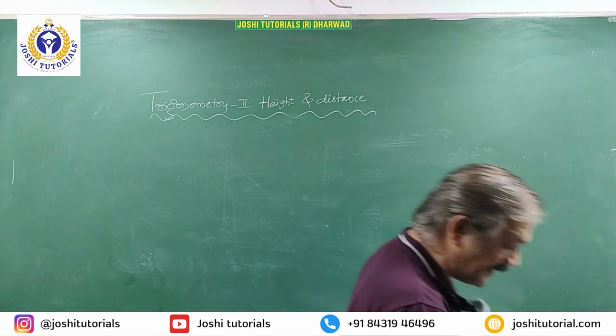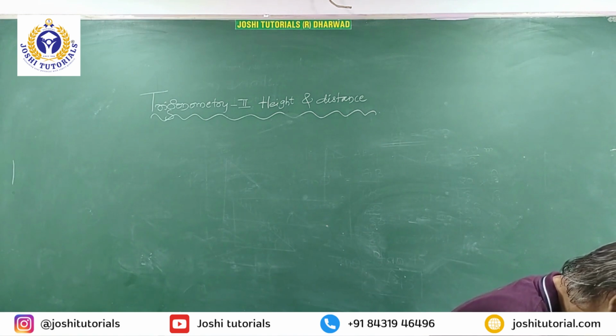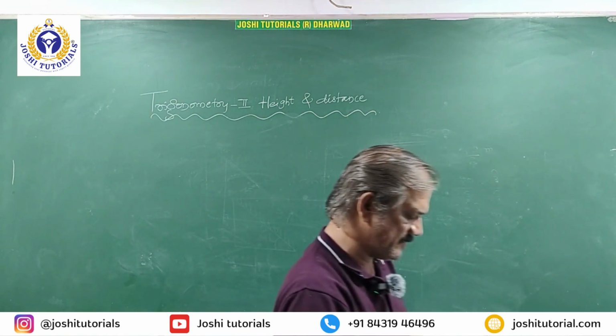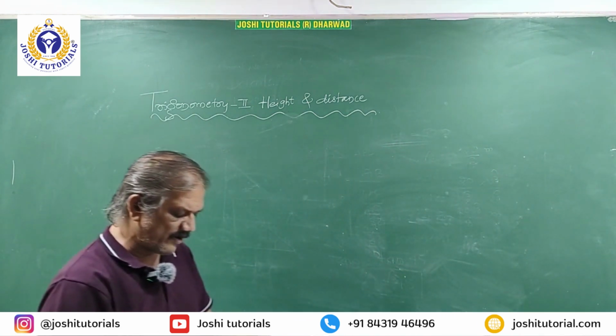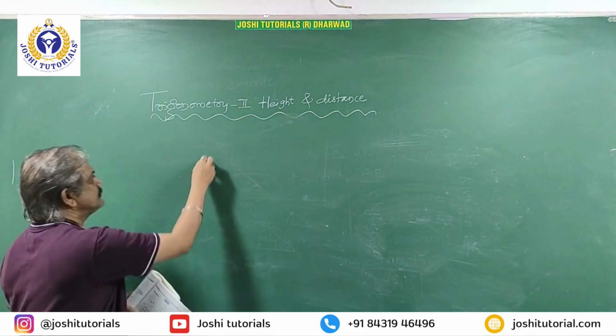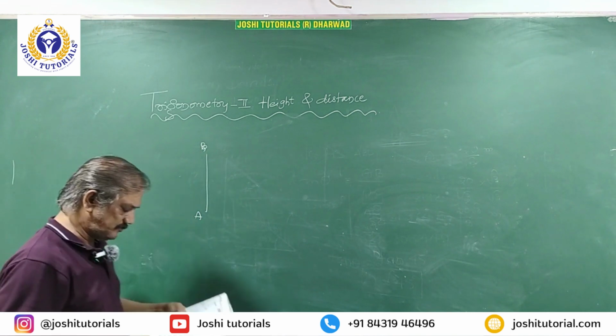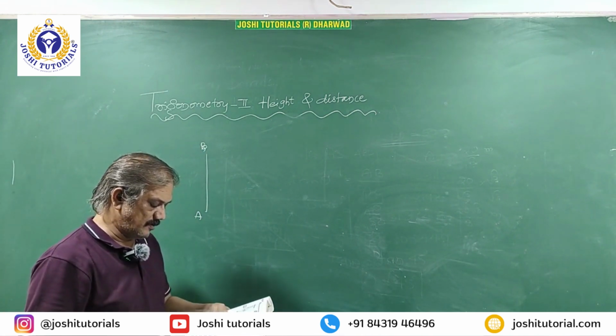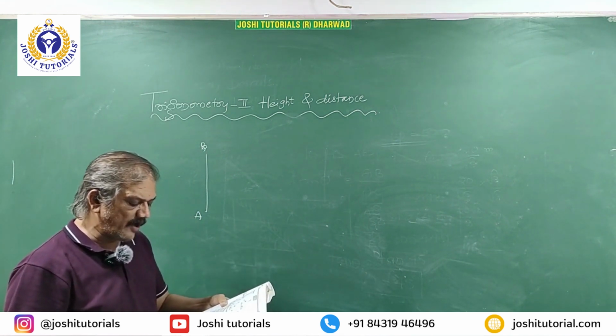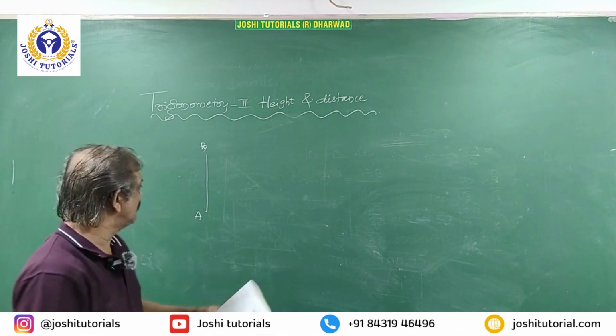One more problem is: find the angle of depression. Find the angle of depression if the observer is 150 meter tall.